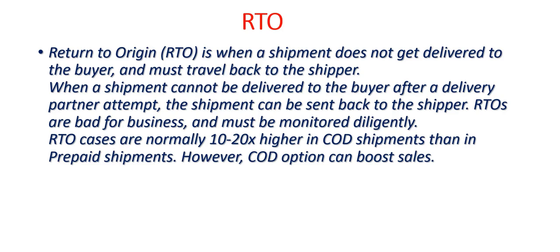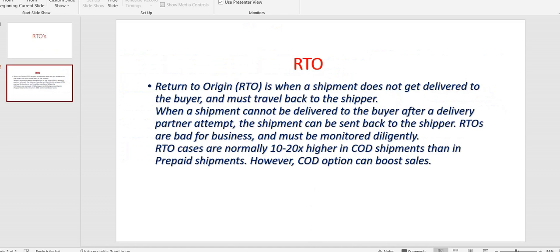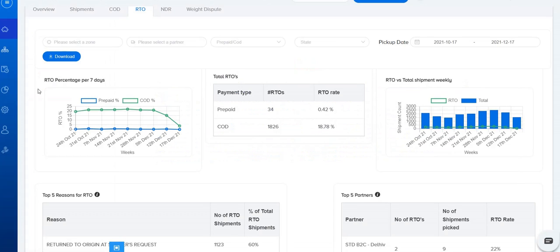RTO cases are normally 10 to 20 times higher in COD shipments than in prepaid shipments. However, COD options can boost sales. To see a summary, go to Intelligence on the Vamaship panel and then RTO.